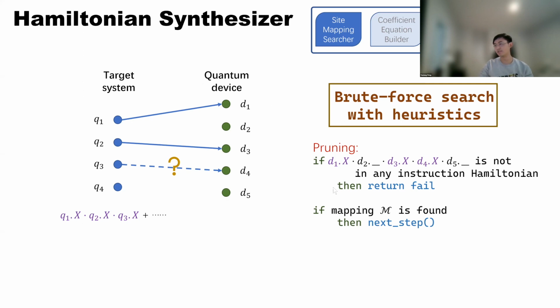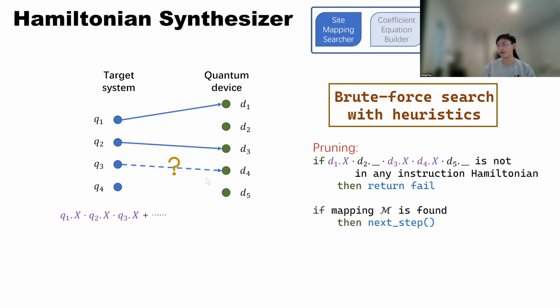But using this pruning is generally good enough for us to run small system synthesizing, maybe for a system with 100 qubits, this search can still be enough if the target Hamiltonian is very simple and the target system is clearly very simple as well.